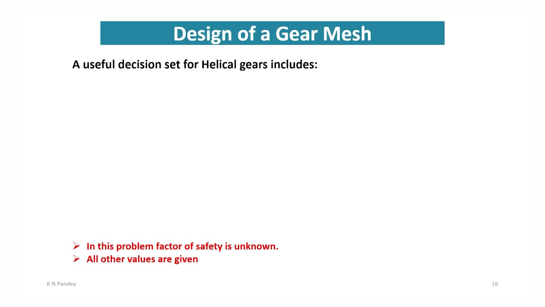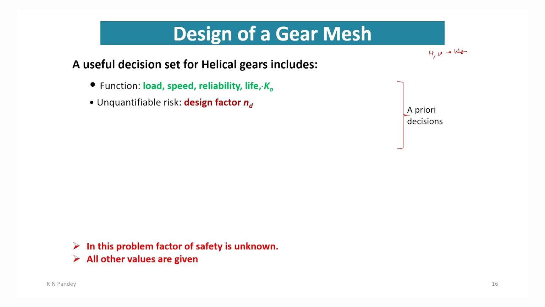A useful decision set for helical gears include some a priori decisions we have to take, and that are load which you want to transmit, that means the transmitted load WT, and this WT we obtain from the power which you want to transmit, and the pitch line velocity or pitch circle velocity V gives us the WT. So, the load and the speed, reliability, life and the overload. Then the factor of safety, then the tooth system.